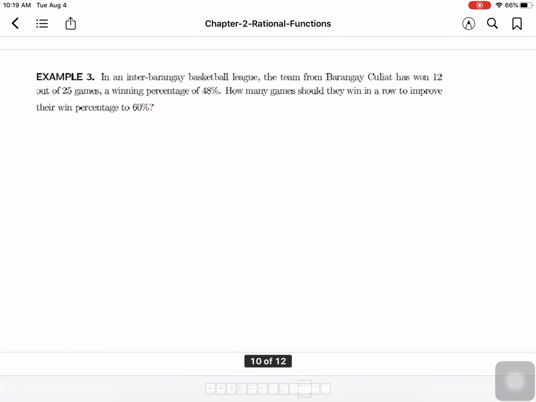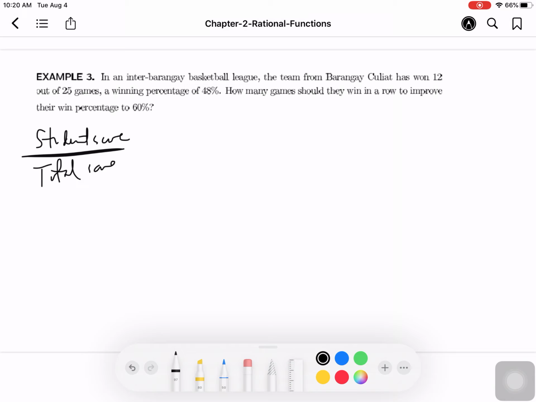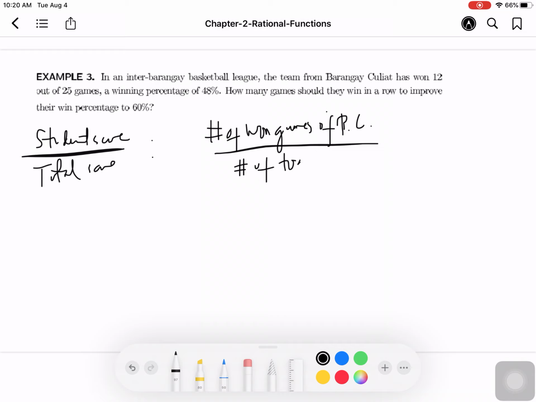Okay, take note. How do we get the percentage? For example, for your score, it should be your student score over the total score of the quiz. So in this case, we'll use the number of won games of Barangay Kulyat divided by the total number of games.